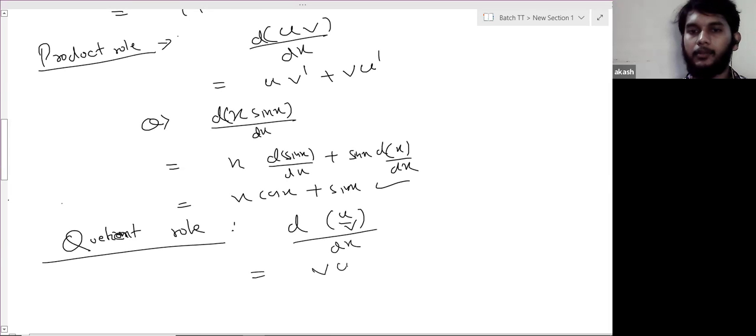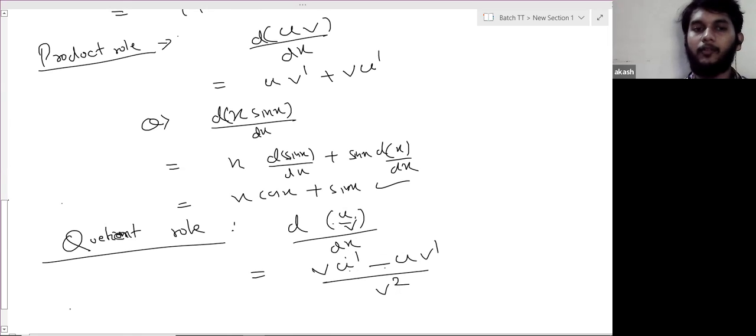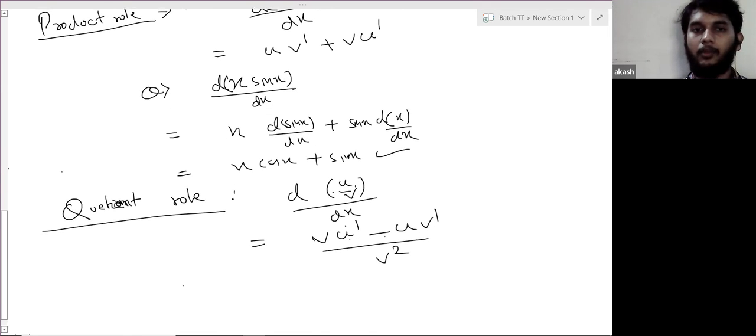Absolutely right. So u dash v minus uv dash upon v square. If you have two functions in division, then the denominator times differentiation of numerator minus reverse, divided by v square, square of denominator.